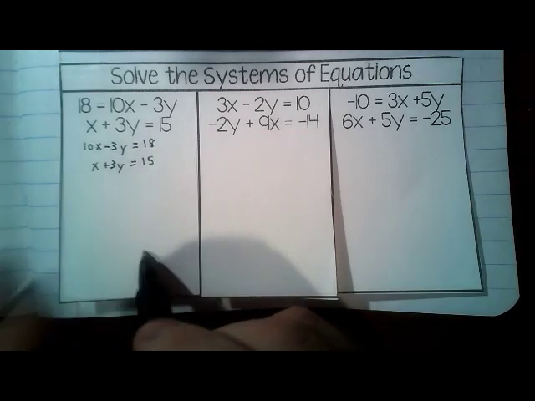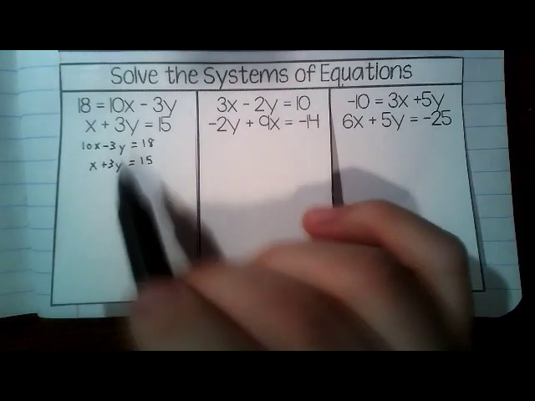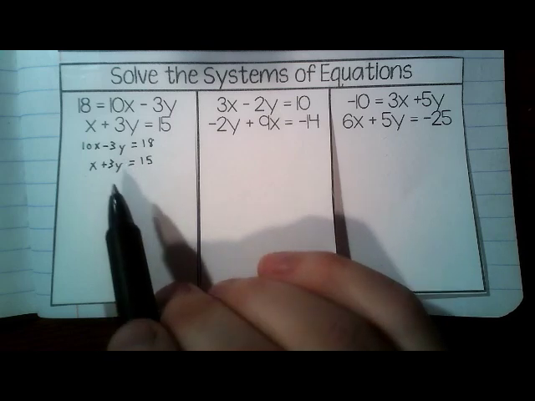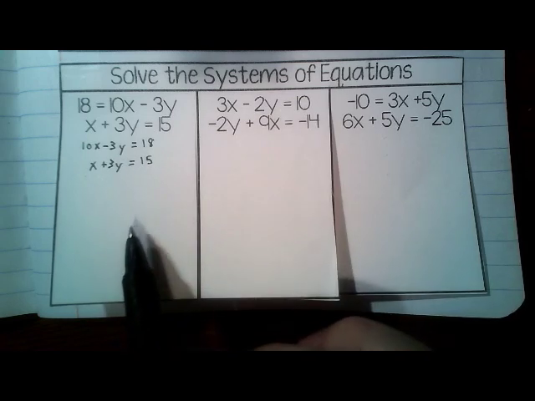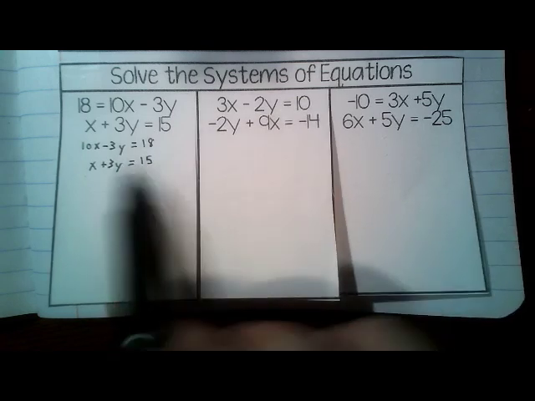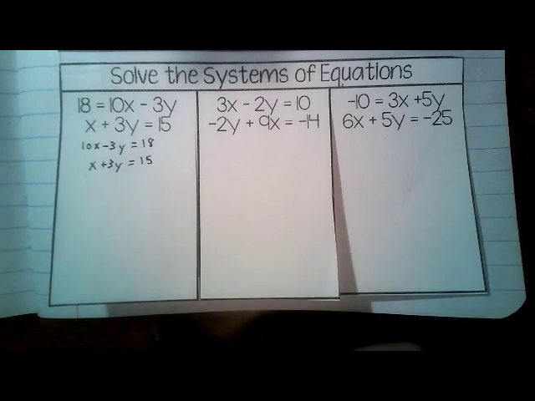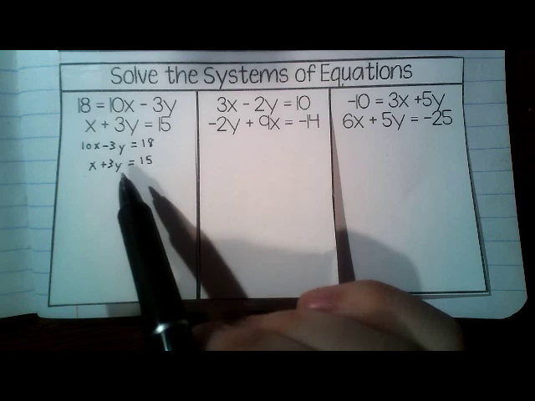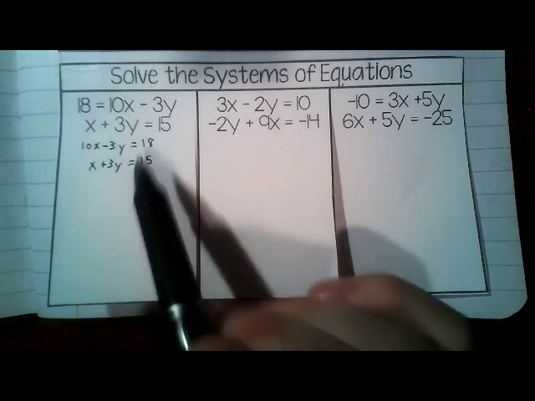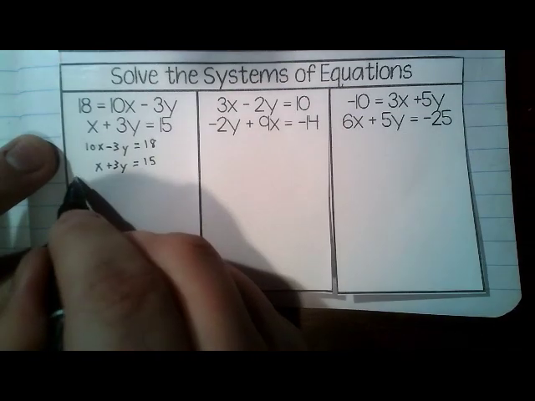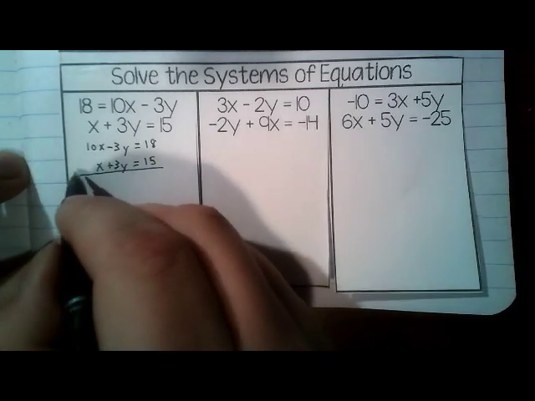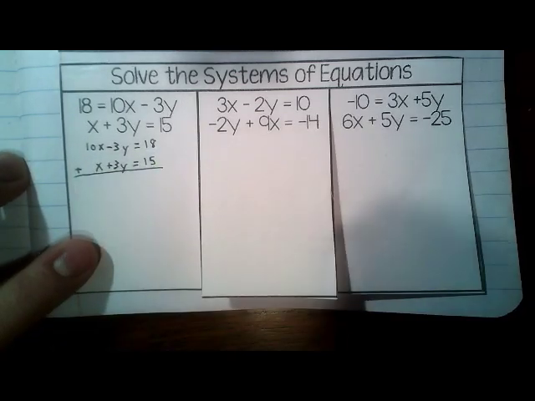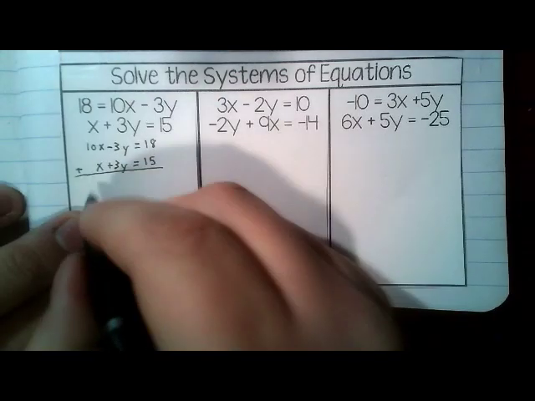My second step would be, do I have opposites, or do I have to manipulate these equations so that when I start adding them together, they'll eliminate variables? You can see right away I've got negative 3y, positive 3y. When I add down, those are going to cancel right away. 10x plus x is 11x.